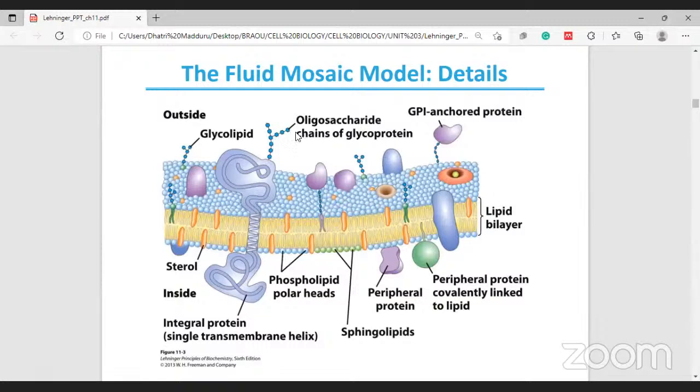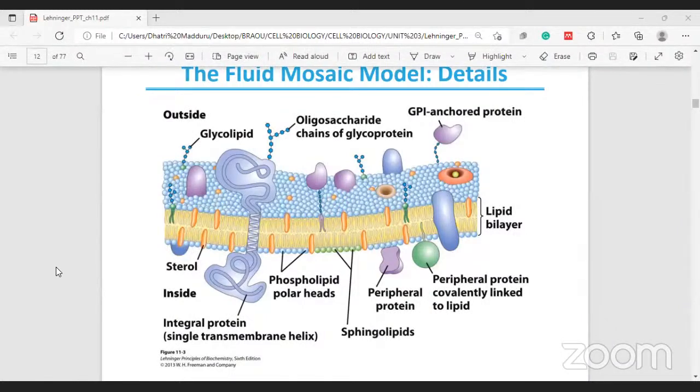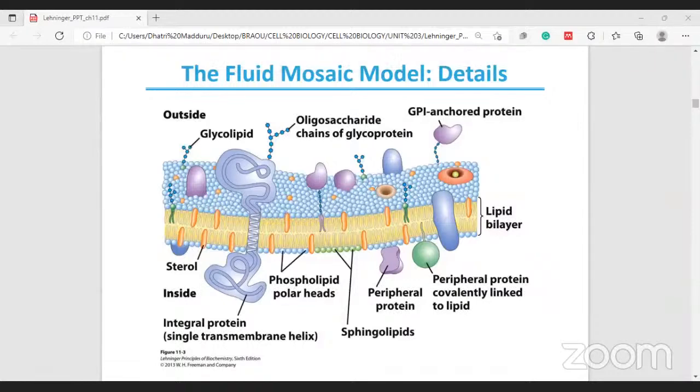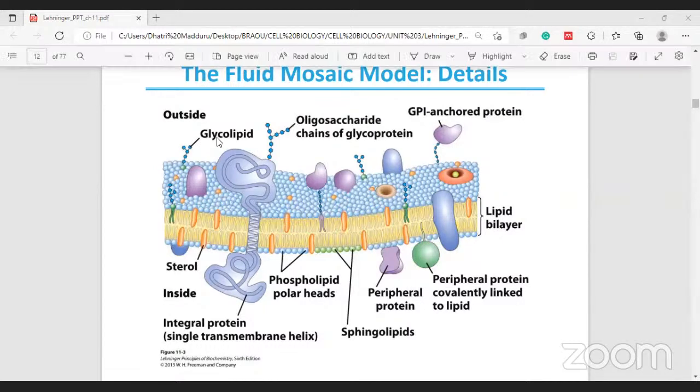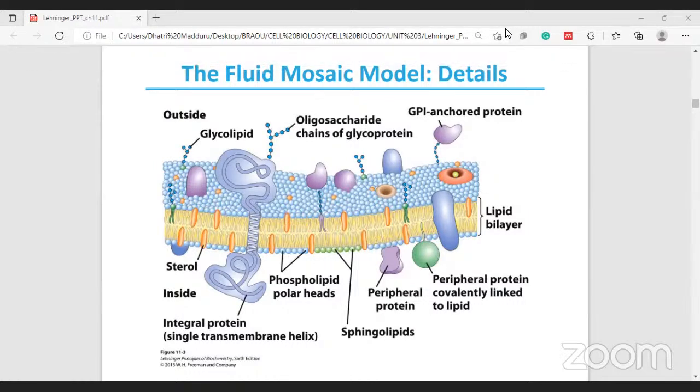And if it is an oligosaccharide, these are glycolipids where the sugar molecules are linked, and in the oligosaccharides we have many sugar molecules. So you have oligosaccharides, polysaccharides and monosaccharides.